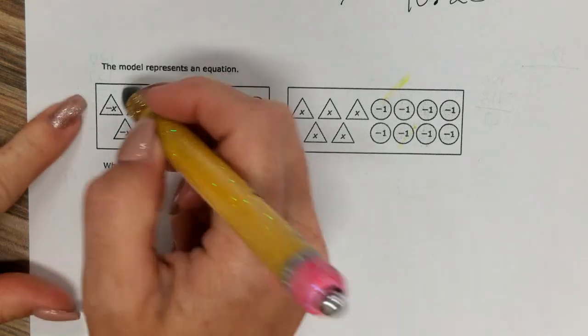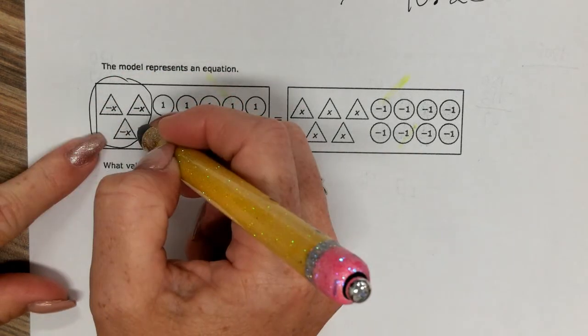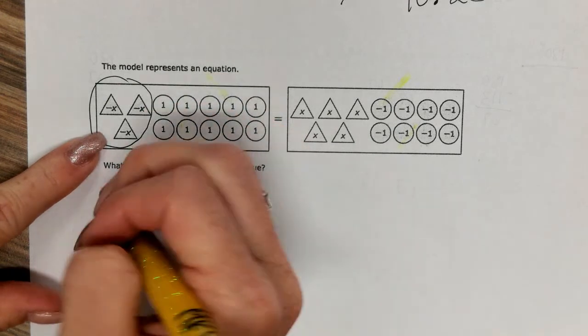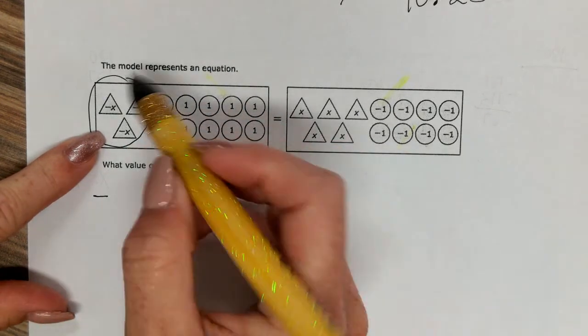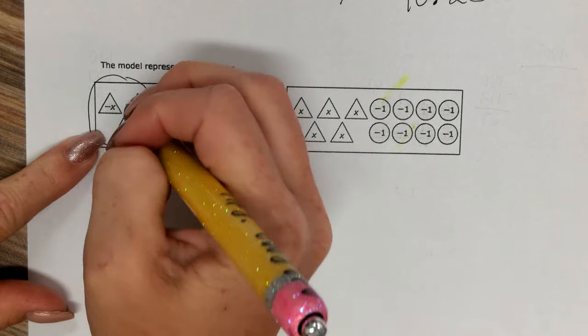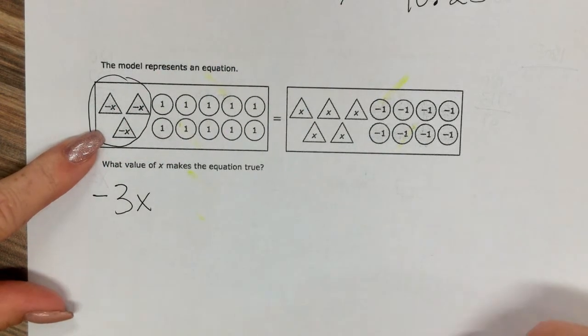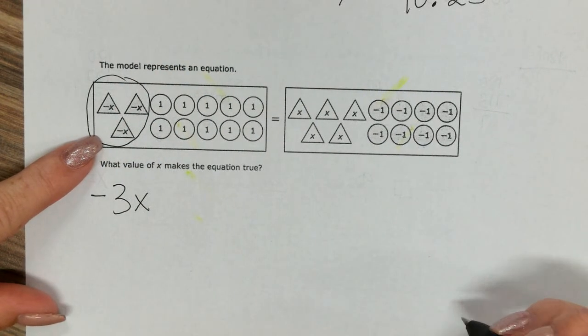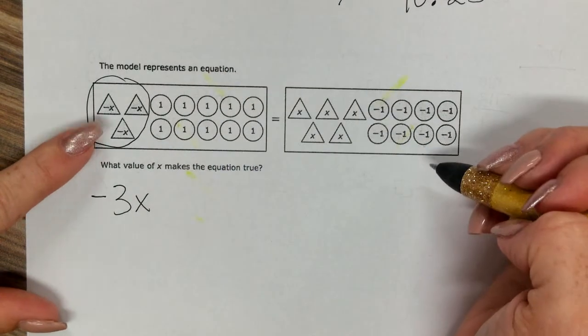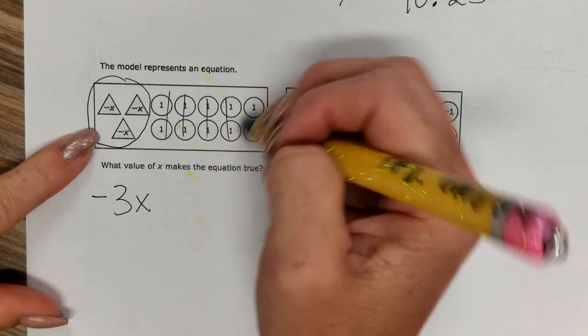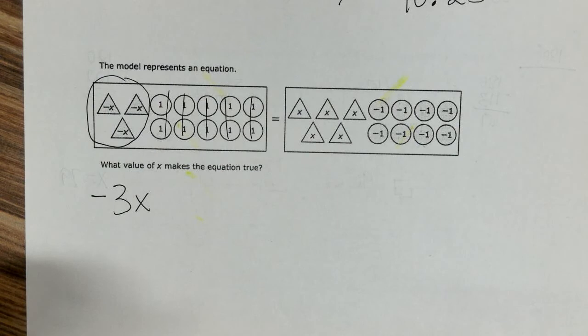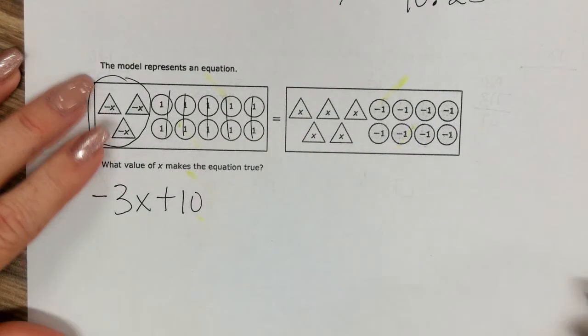So how would I write this piece right here? Negative. How many are there? 3, and they have x's on them, right? So I put negative 3x. How many 1s are there? Are they plus or minuses? Plus 10.